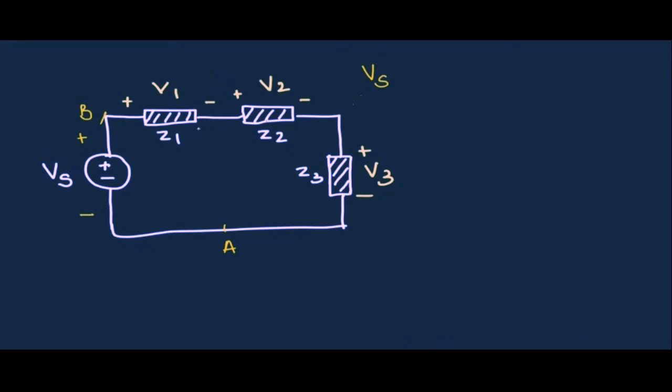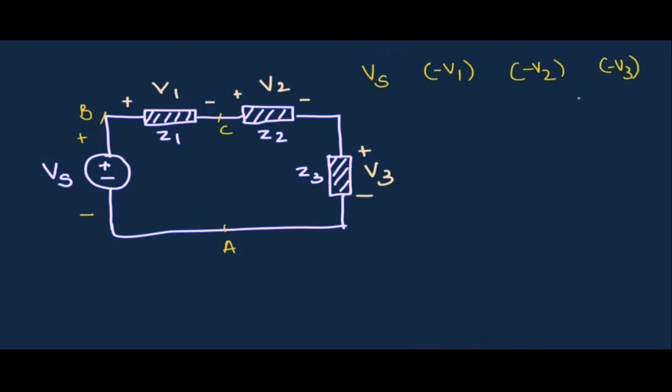Now from point B to point C, there is a drop across this element Z1, so we can take this voltage V1 as a negative voltage. Likewise, moving across these elements Z2 and Z3, there is a drop across these elements, so we can take these voltages V2 and V3 as negative voltages.